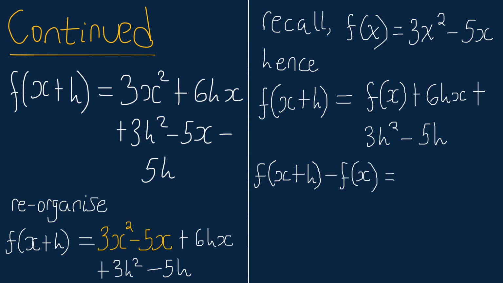The fourth step is to divide both sides of the equation by h and then simplify the fractions where necessary.